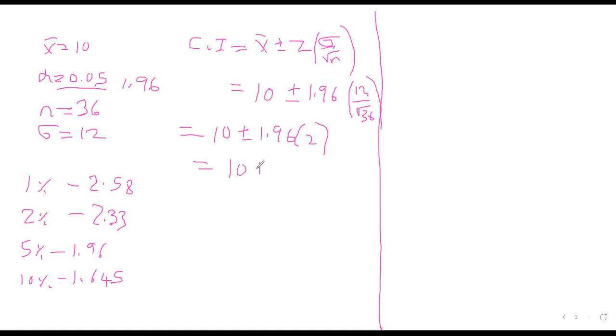So when you multiply this, we get what? 3.92. We start first by subtracting 10 minus that. What do we get? 6.08. When we add, we get 13.92.